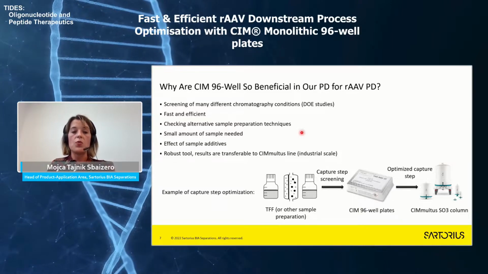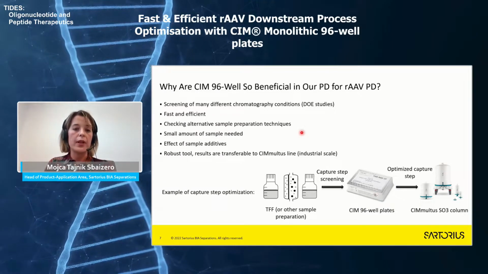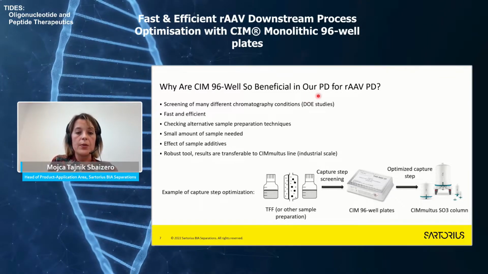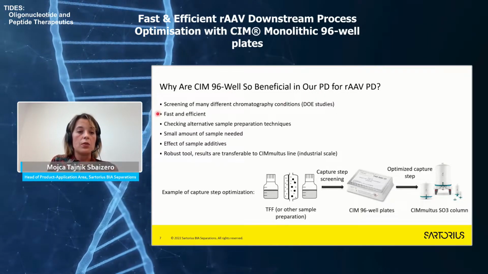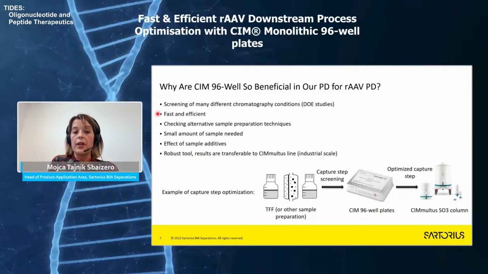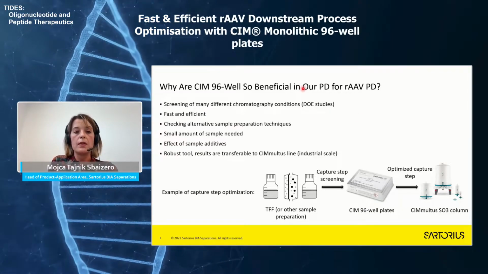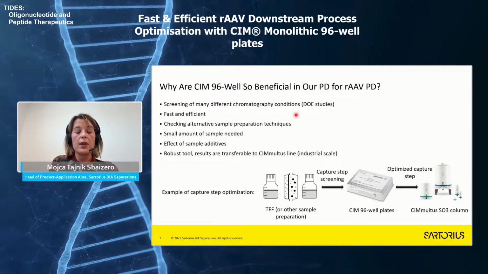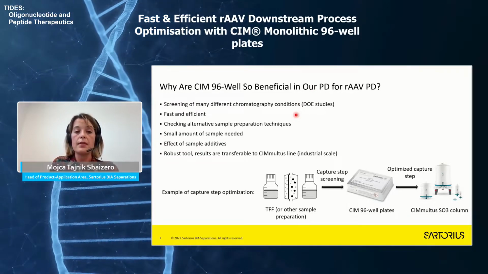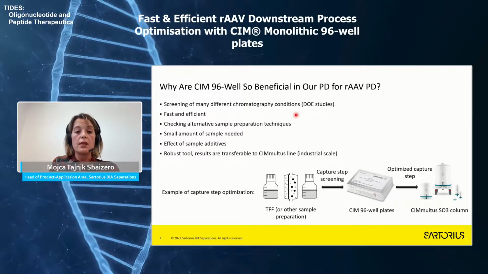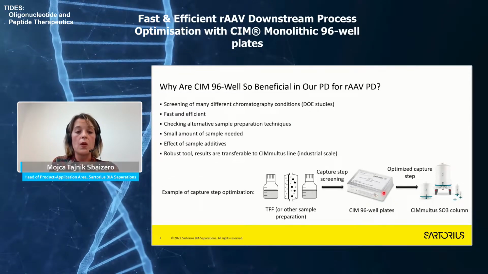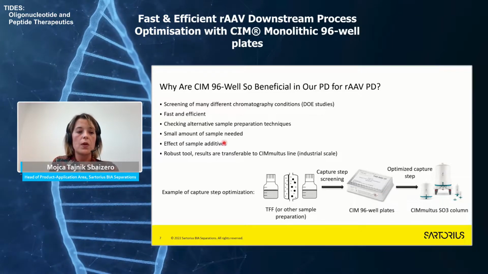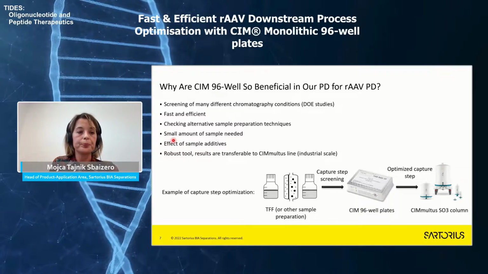And actually, this is what we did in our laboratory using the CIM Monolithic 96 well plates. We use them also to test different chromatography conditions. These are DOE studies, which require a lot of different testing conditions. With the plates, we lower the time needed to perform these experiments, and we also need a smaller amount of sample.